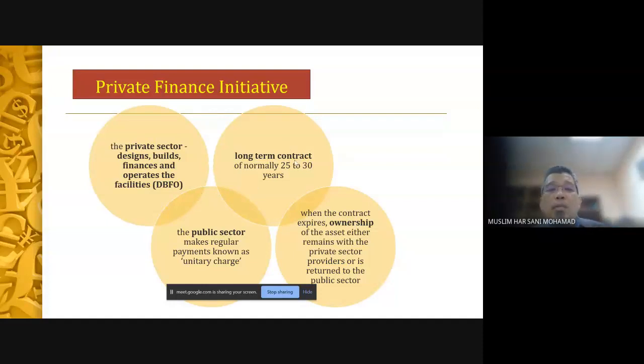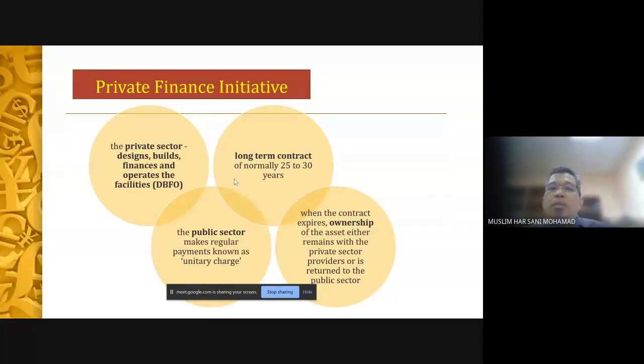Okay, the role of the private sector is to receive regular payments known as the unitary charge. Okay, these are in the original form, the term used, a unitary charge. Okay, the unitary charge is basically because the government in this case is the client. Okay, the private sector is the service provider, the government is the client. That's why the government has to basically pay for the services.